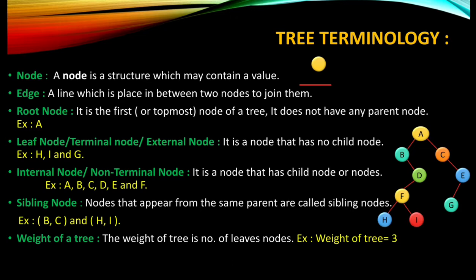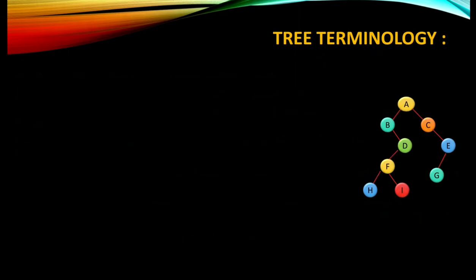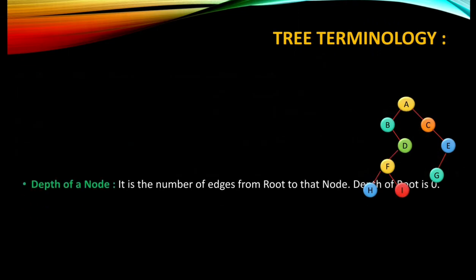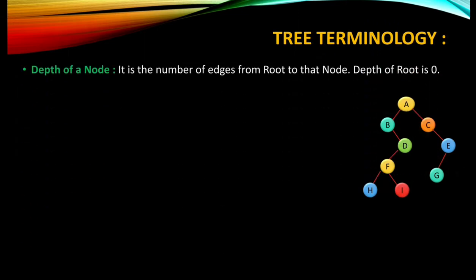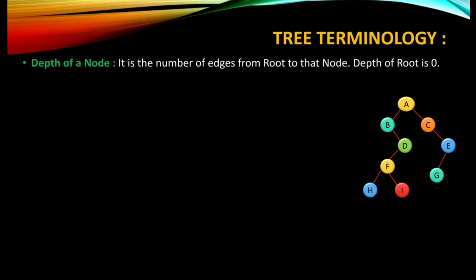Weight, coming towards weight. Weight of a tree is the number of leaf nodes. We are having 3 leaf nodes, that's why the weight of the tree is 3. Now moving further. Depth of a node. In brief, I am going to explain depth, height, level, 3 things combined in the next slide, because sometimes we get confused between the 3 things: level, depth and height.